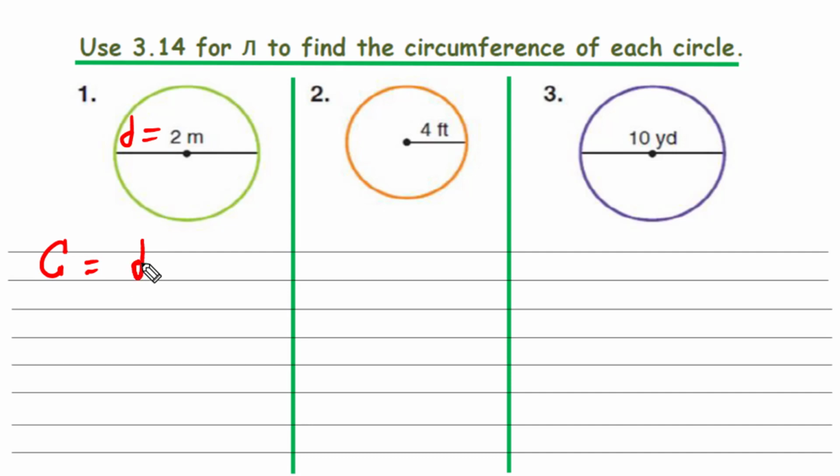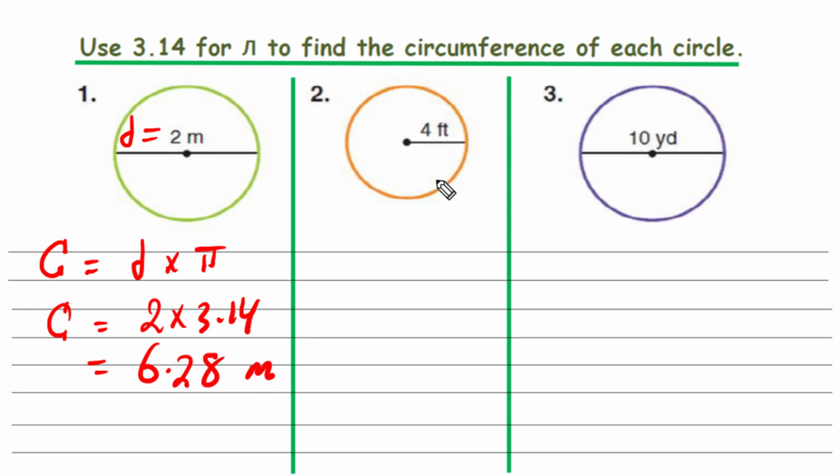Just multiply its diameter by pi. Now, we can write the circumference equals 2 times 3.14. Now, 2 times 4 equals 8, 2 times 1 equals 2, 2 times 3 equals 6. But don't forget to insert the decimal point after 2 digits from the right. We get 6.28 meter.